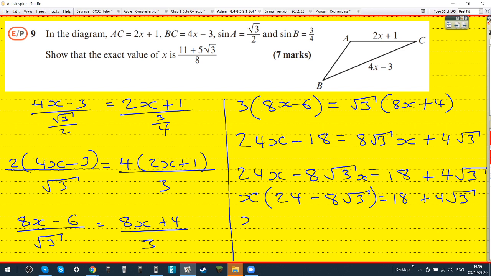And so x equals, what would you have to do?